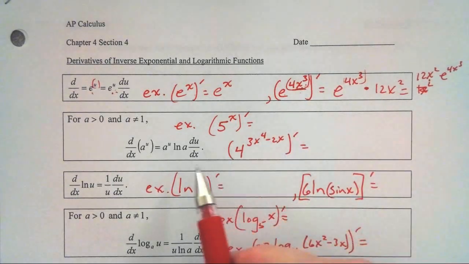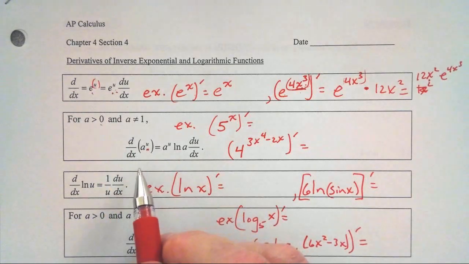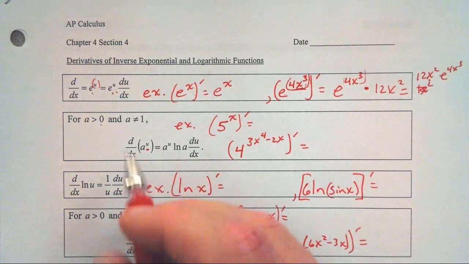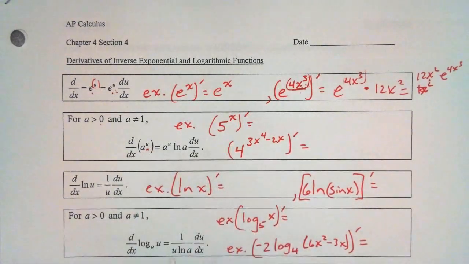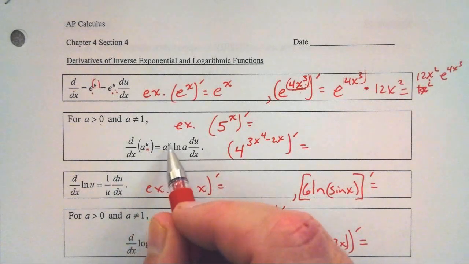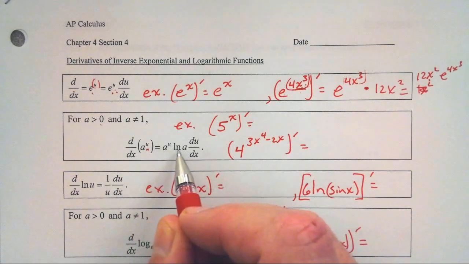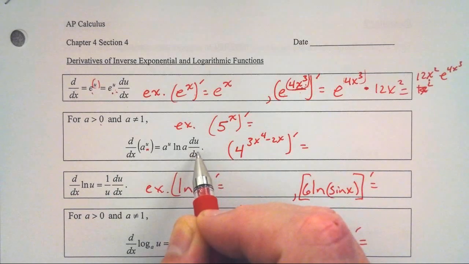Okay, then we have exponential functions here. This is where we have something that's not e, such as 5 to the x. It says the derivative of a to the u is just a to the u, but we have to compensate by multiplying by ln of a, and then times the inside derivative.